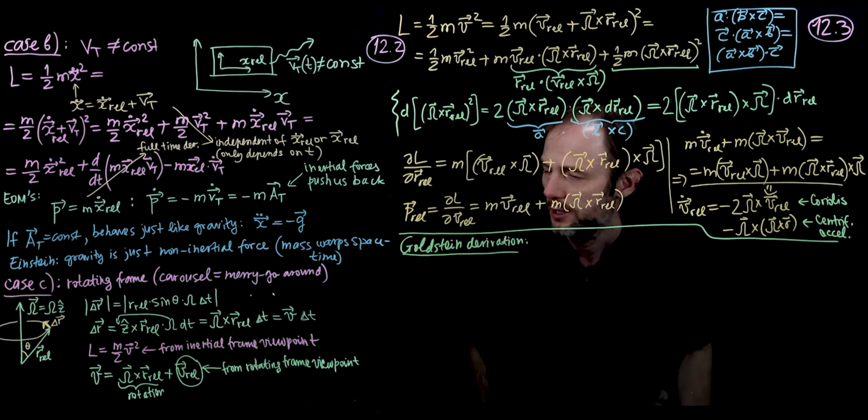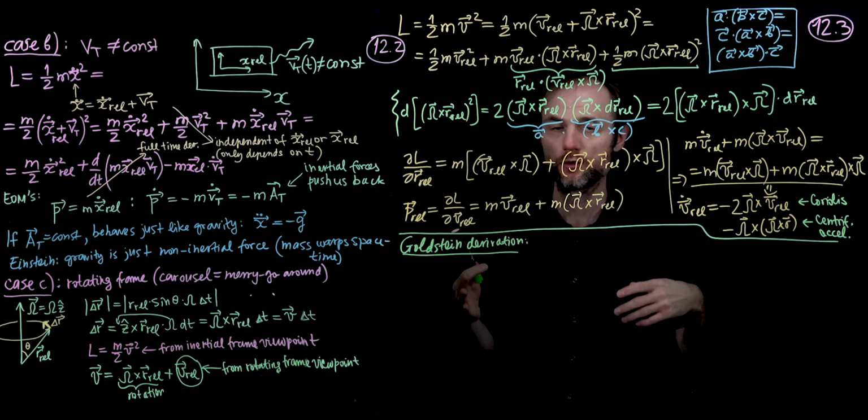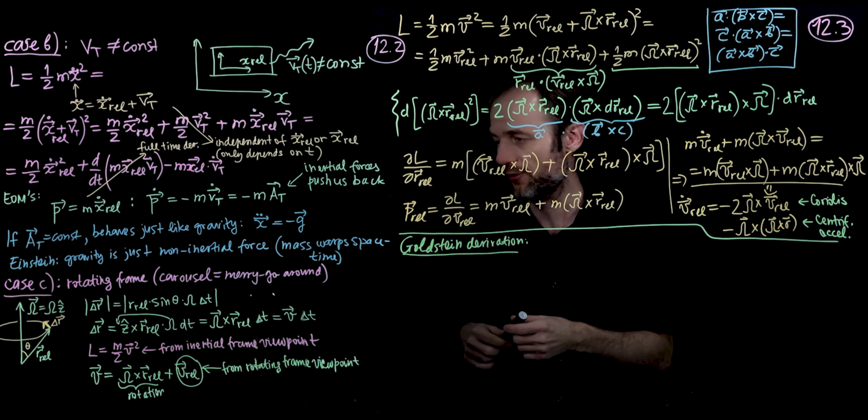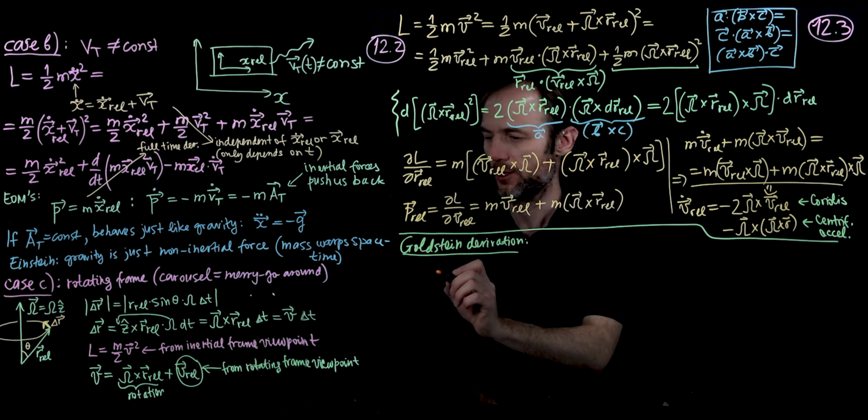So how do we approach that? Well, over here on the left, we have derived the relationship between the velocities in the lab frame and in the train frame.